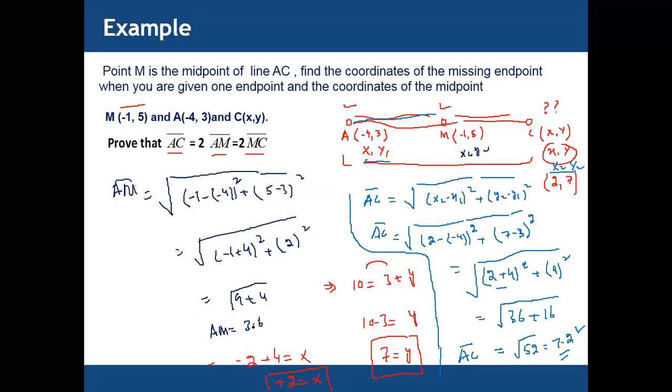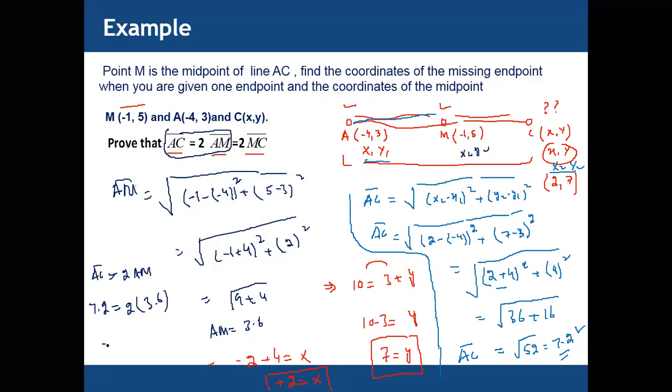So 3.6. And you can see from the given condition AC equal to 2 times AM. AC distance equal to 2 times AM. We know that AC is 7.2, equal to 2 multiplied by AM, and AM is 3.6.